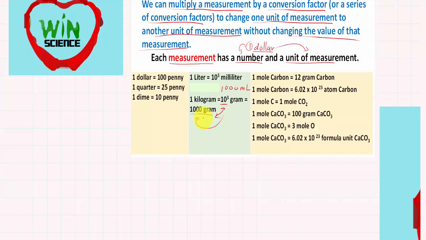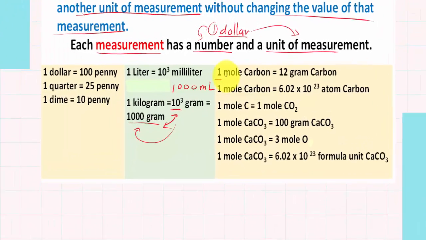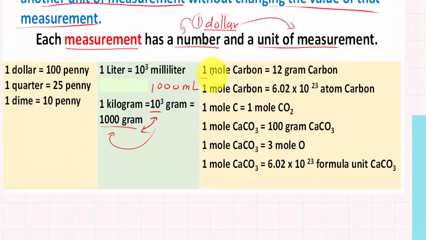Then over here I have a more complicated conversion factor that you have no idea what it's about. It doesn't really matter as long as you keep in mind that a measurement is defined by a number and a unit. And a unit doesn't have to be one word, it could be multiple words. In this case, we have 1 mole of carbon. So we have the identity of a substance in chemistry, and here we have the unit mole.